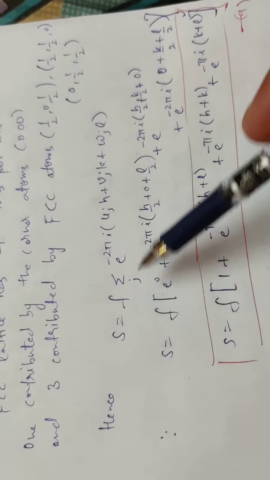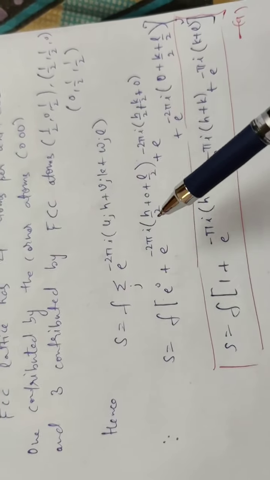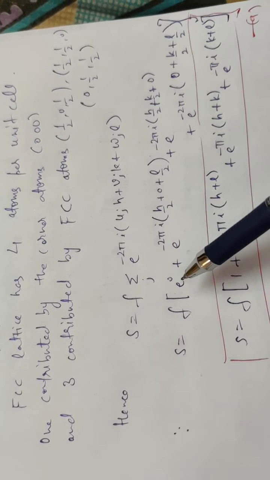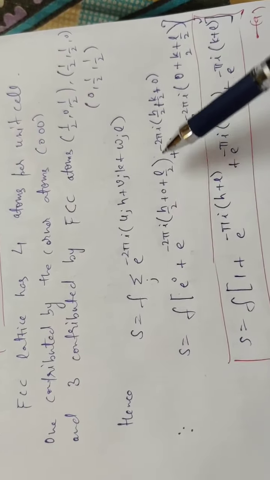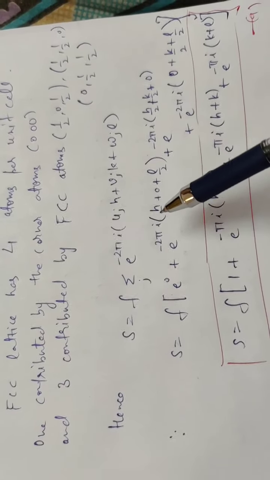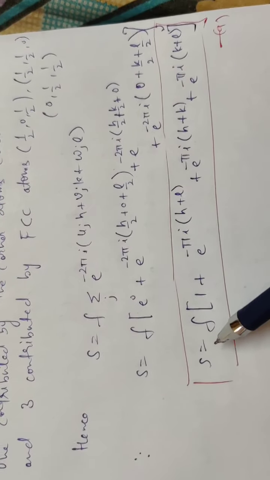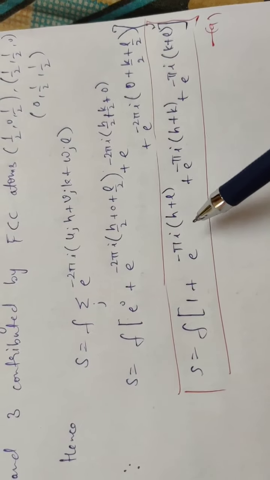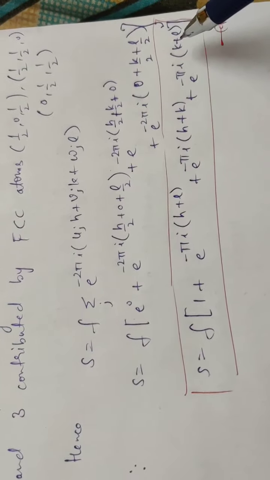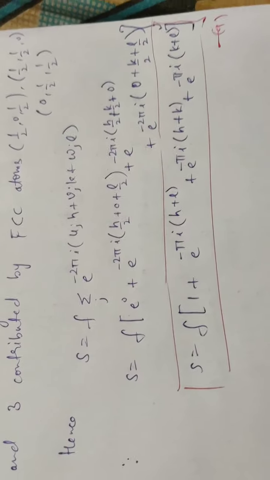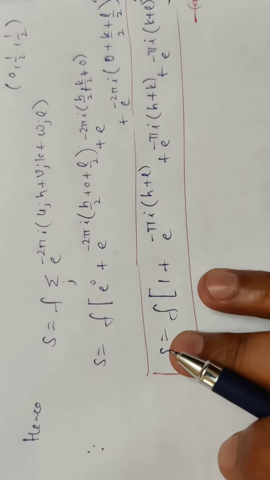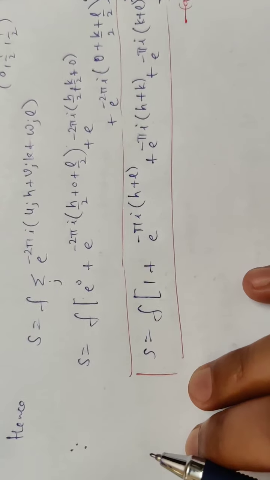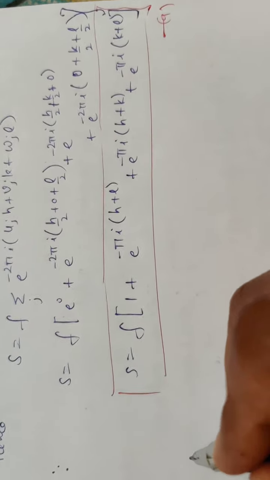This is the formula for the geometric structure factor, with the contribution of the corner atom and the contribution of the three face centered atoms. If you solve, this is the resulting geometrical structure factor for the face centered cubic unit cell. Depending upon the values of H, K and L, we will have the value of the geometrical structure factor.